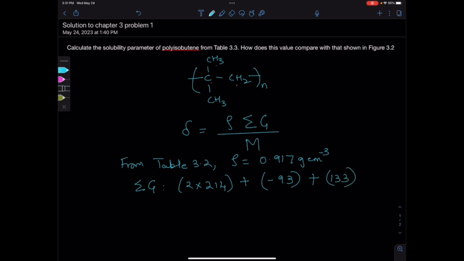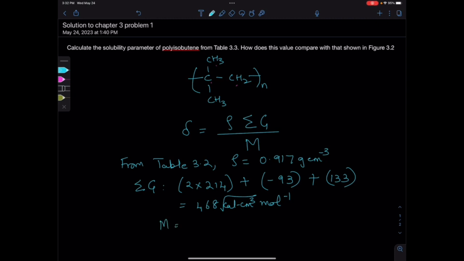If we add all this, we get 468. The units for G is given as square root of calories centimeter cube per mole.